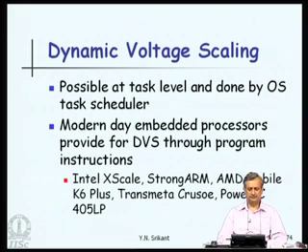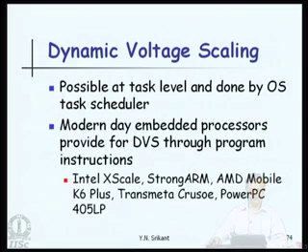For example, Intel Xscale, StrongARM, AMD Mobile K6 Plus, Transmeta Crusoe, PowerPC 405 LP. These are some of the processors which have instructions to change voltage. So, when the program is running, it is possible to change the voltage of the CPU. Of course, it is also possible for the operating system to execute these instructions and change the voltage of the CPU.